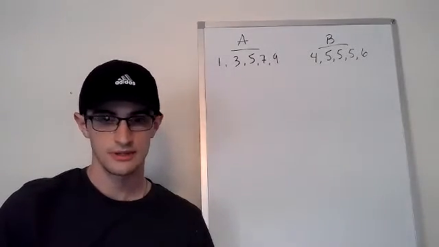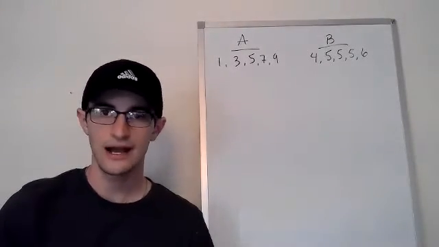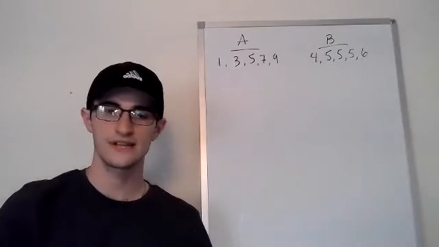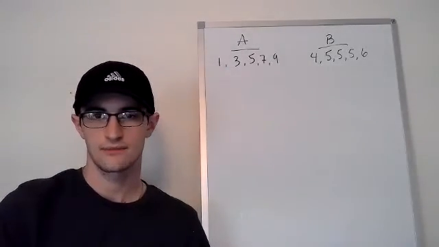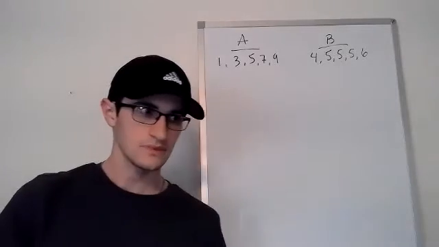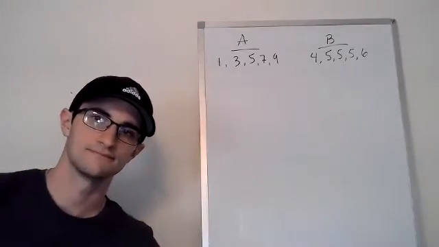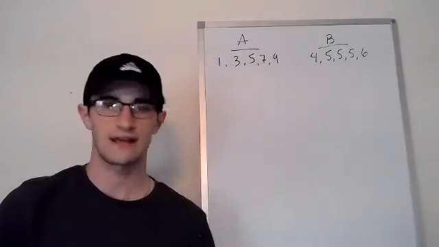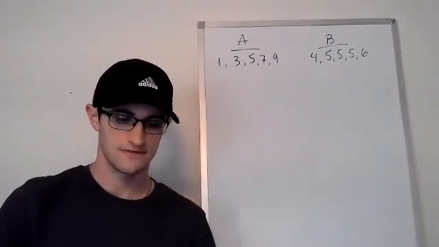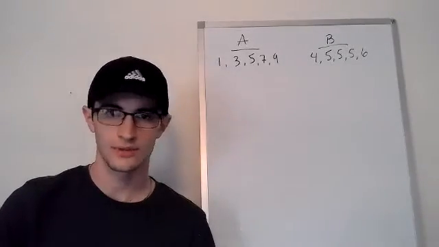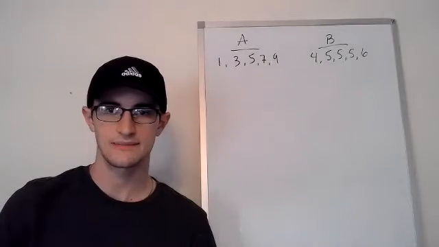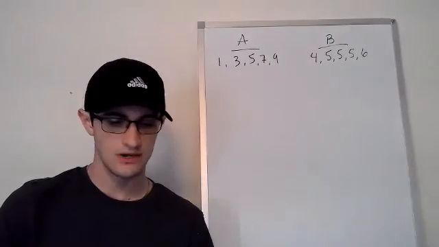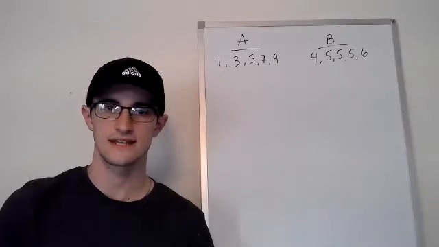Now on to the interpreting part. The higher the number, the more spread out the data is, and the less consistent. It means that from around the center, things are spread out super far. But if you have a low number on either one, both the IQR and the MAD, then you have consistent data.